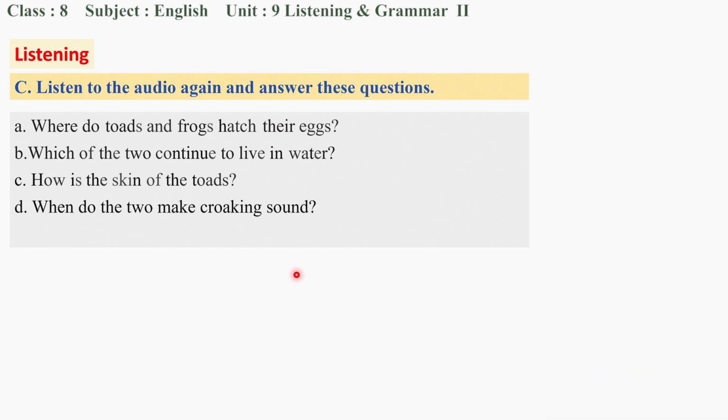Toads and frogs begin their lives in similar ways. The eggs hatch in or near water, and the babies, called tadpoles, spend the first part of their lives living in the water. When they become adults, frogs continue to live in the water, while adult toads usually live on the land. When you come across one of these animals, how can you tell whether it's a toad or a frog?